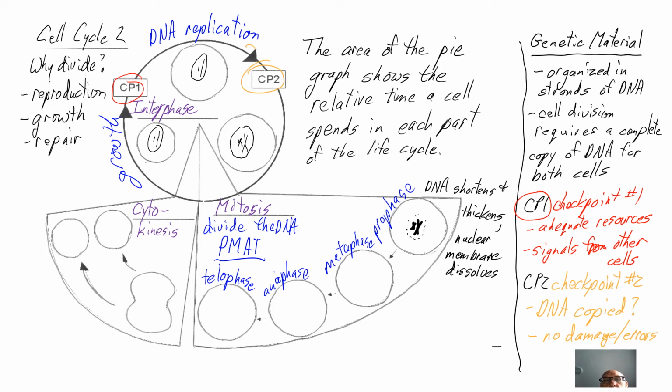So we started with a full nuclear membrane protecting the nucleus from everything else. The nuclear membrane breaks apart and the DNA gets shorter and thicker.